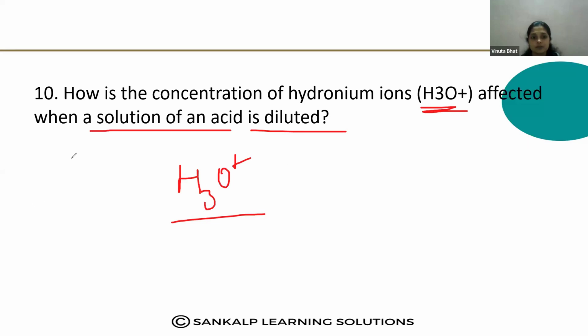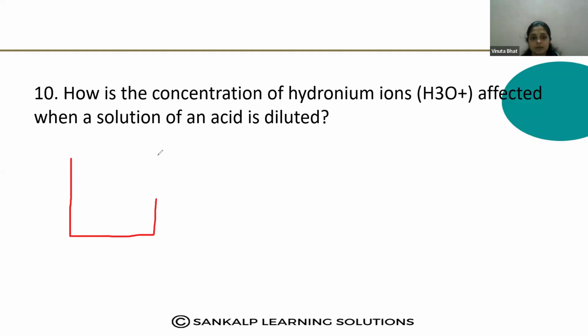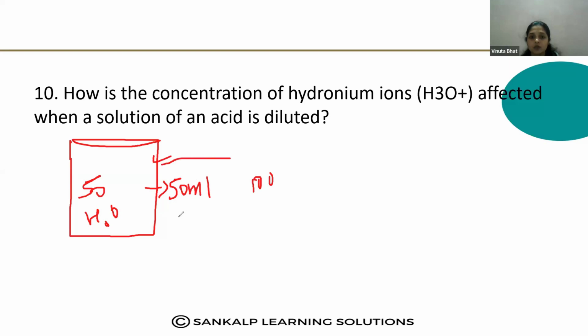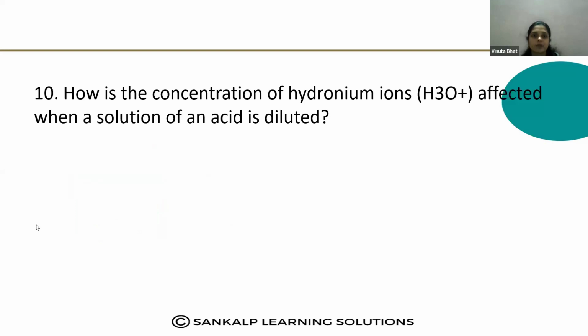See here, in the beaker, 50 hydronium ions are there in the solution that is having 50 ml. But when you add 100 ml of water to this, it will become 150 ml, but the hydronium ions remain the same. So the concentration of hydronium ions decreases.